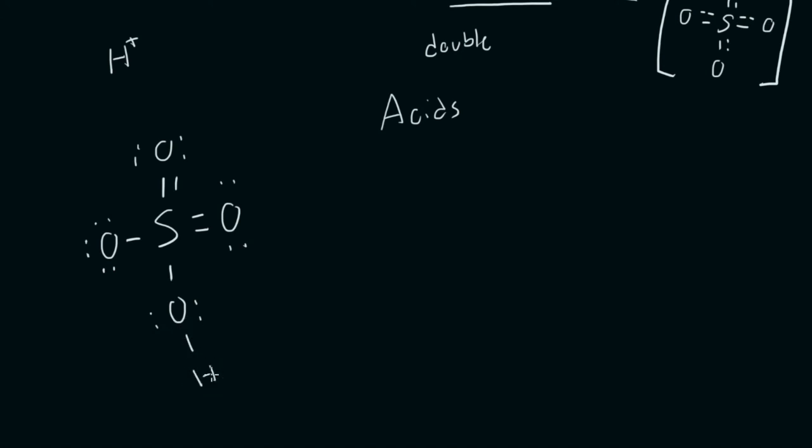So I could grab a bond with an H right here. And if I do that, we can see that suddenly this oxygen has 2 bonds now. Its formal charge just dropped down to 0. So this has a formal charge of 0, that has a formal charge of 0, and these both have a formal charge of 0. This sulfur right here, well, that's going to have 1, 2, 3, 4, 5, 6 bonds. 6 valence electrons minus 0 unbonded plus 6 bonds. That means that has a formal charge of 0.